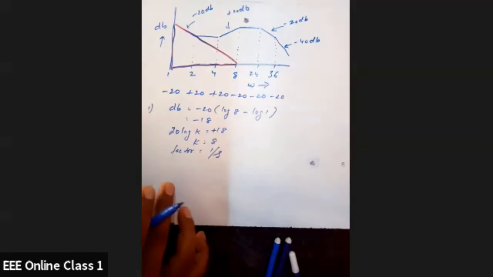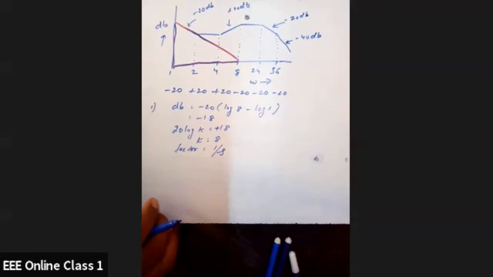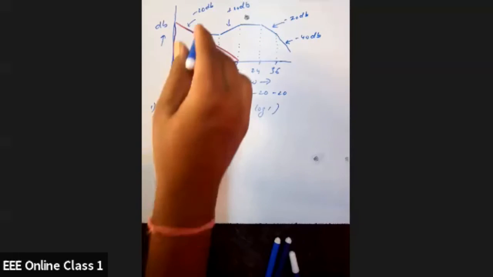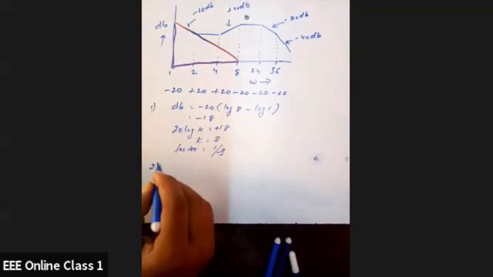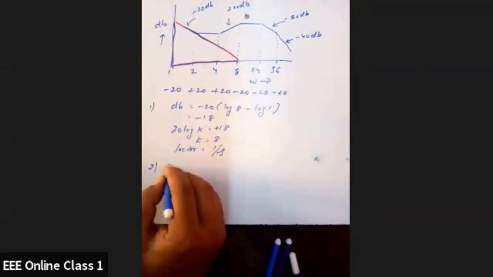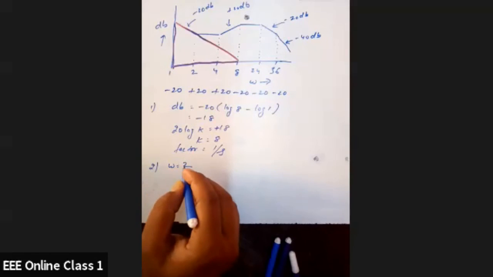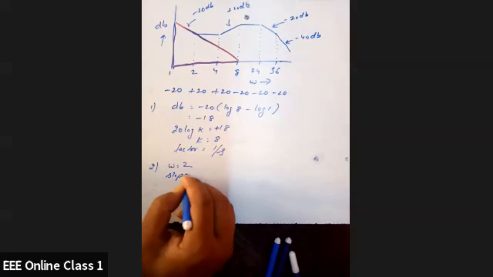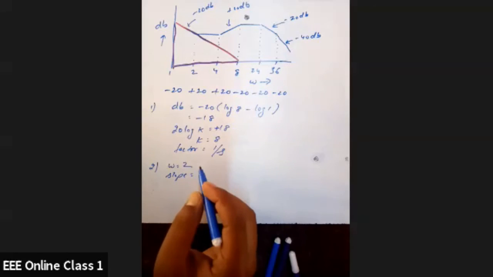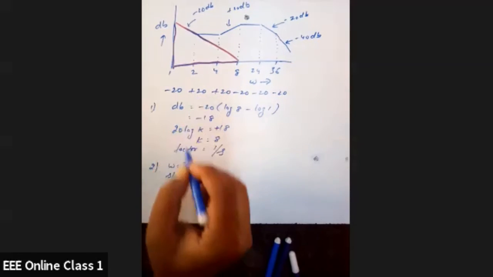Now second, let us see second. The corner frequency is 2, and slope is plus 20.